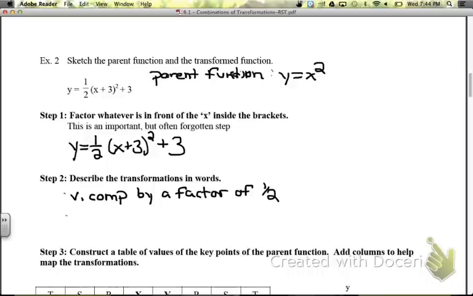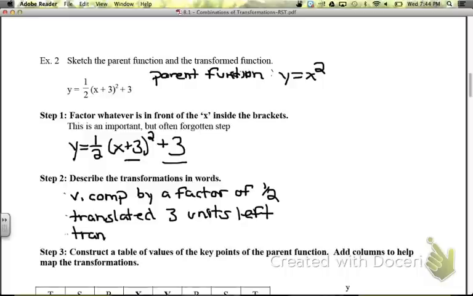Next thing is our 3 inside the brackets, so we know that it's being translated 3 units left. And the last thing is our 3 that is added, so we know it's translated 3 units up.